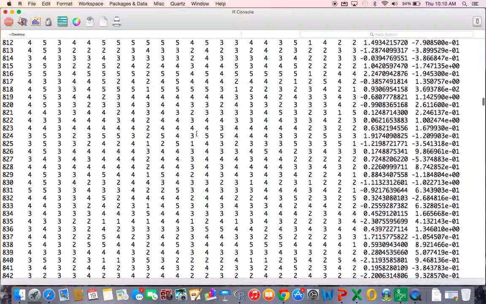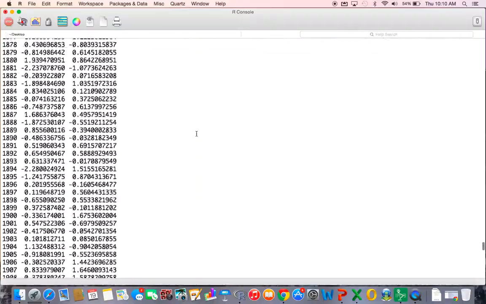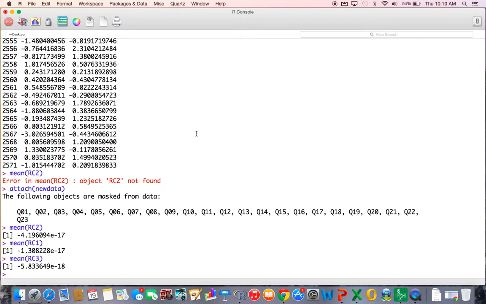Well, in this 4-component model, we retained about 50% of the variation in the underlying constructs that the 23 items actually explain. So we could use the components, I'm sorry, the factor scores instead. And the great thing about the factor scores is they're already centered. Which is always kind of cool.